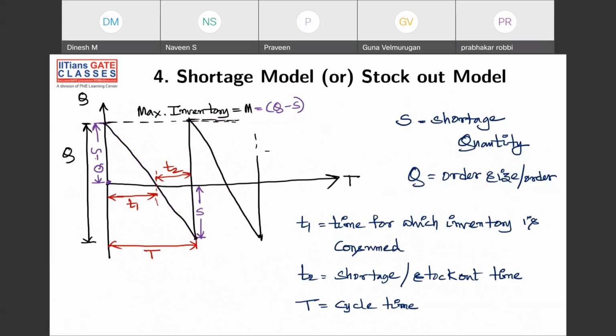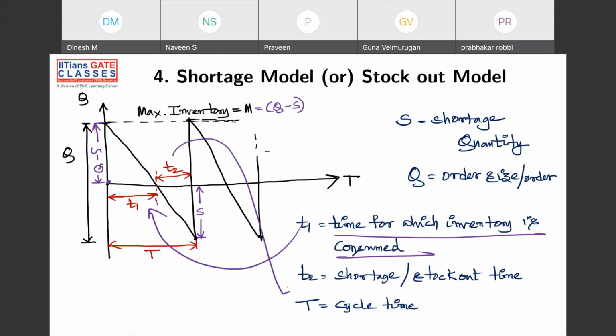The maximum inventory is Q minus S: the quantity that you order in each order minus the shortage S. T1 is the time required for the inventory to be consumed, T2 is the shortage or stock-out time, and T is the cycle time.